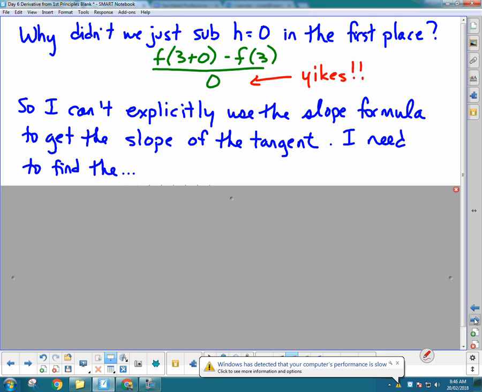So here's the bit of a leap of faith, or an understanding, that we have to get to. We're actually going to be shrinking the h value so small that it is essentially 0. Okay? We're coming so close that the h value approaches, but actually doesn't ever touch 0.